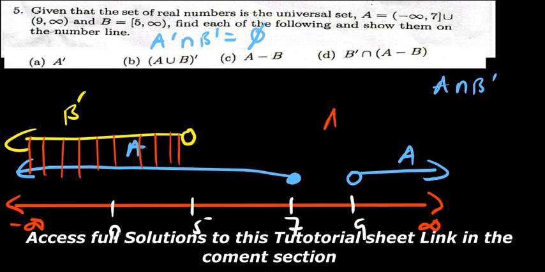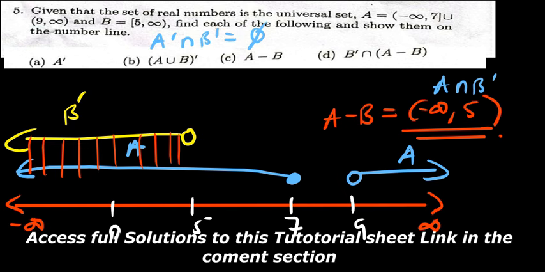So A minus B is basically from negative infinity. As long as you are talking about infinity you use open, so that's why I'm using open here. Then the last part is 5 but it's not included, this becomes my answer.